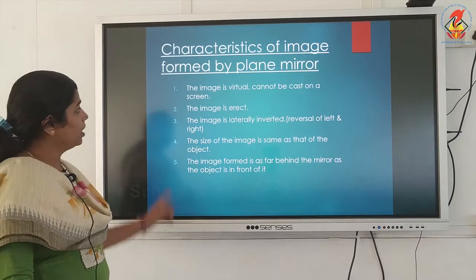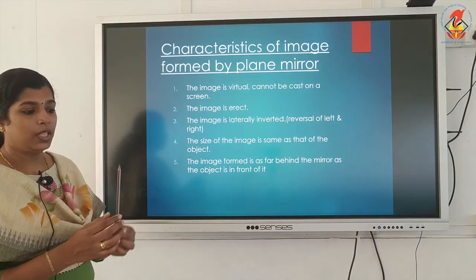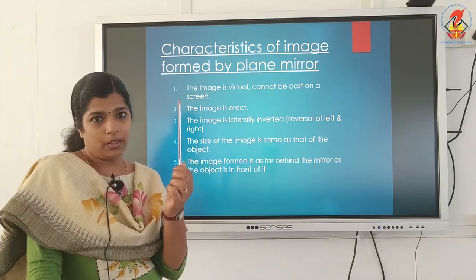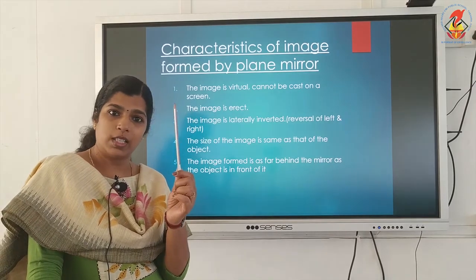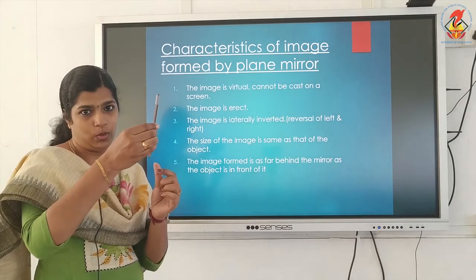Second one, it's erect, meaning in the same way. If I place this pencil in front of the mirror, the image will also be in the same way, not upside down.